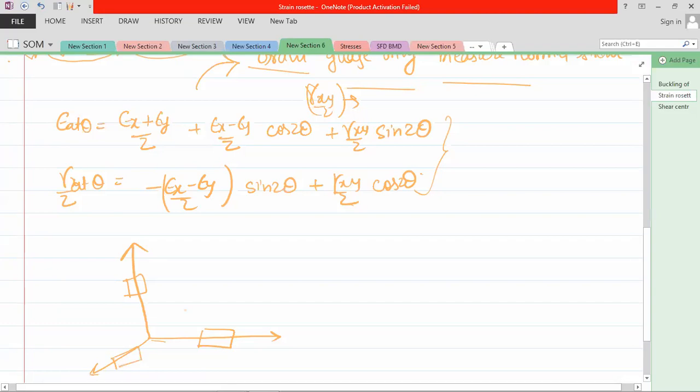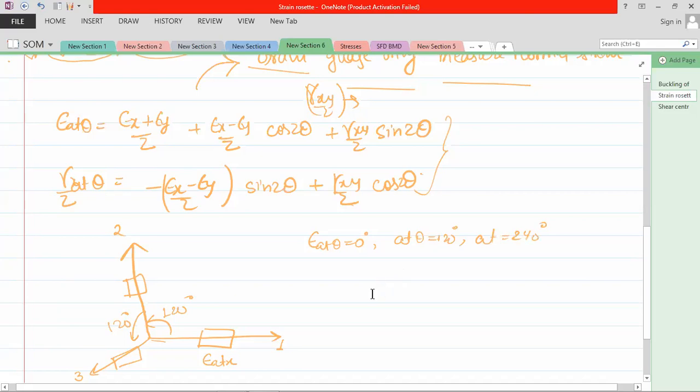Now this is your first direction, this is your second direction, and this is your third direction. This is your epsilon at the x axis, and this is a 120-degree angle, and this is again a 120-degree angle. Now you are given three strain gauges, at theta equal to 0, at theta equal to 120, and at theta equal to 240. These three strain gauges are present.